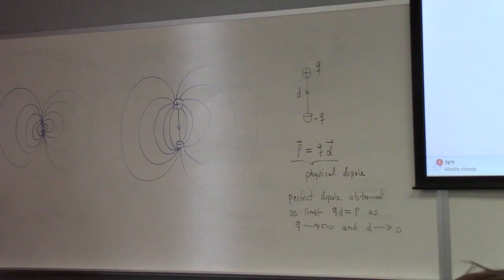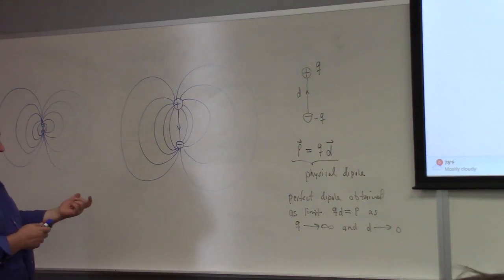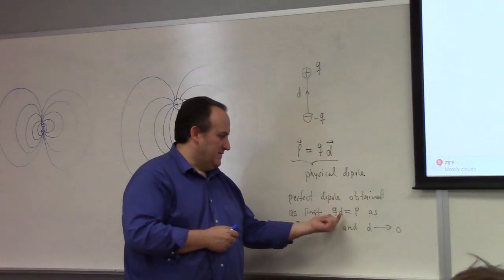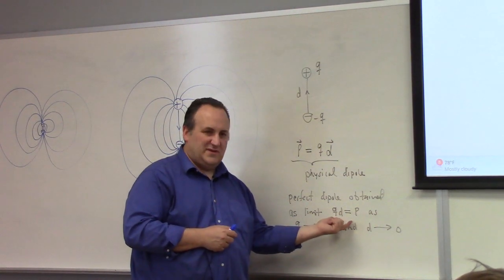But that's the distinction. In that limit, it's the perfect dipole. Really, what it says is you can't actually see the difference between the minus and the plus. It's in principle there, but you don't actually see it. All you know for sure is that the product of the charge and the distance between the separated charges is p.